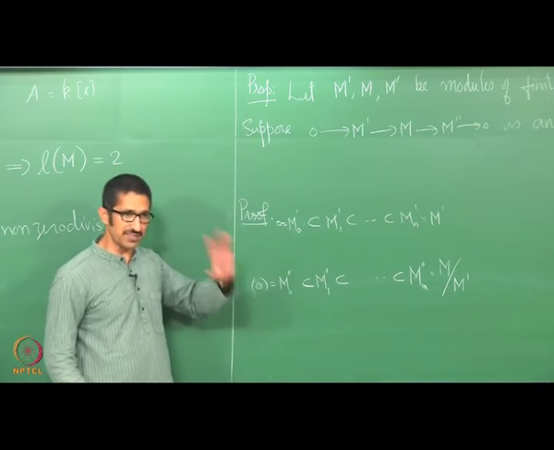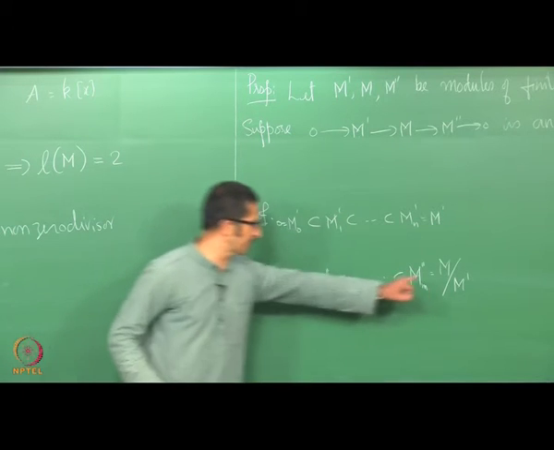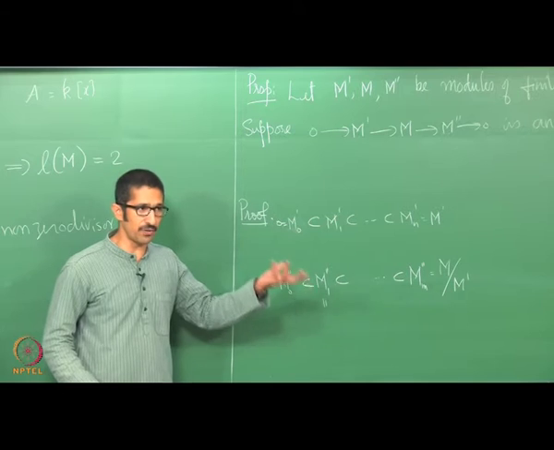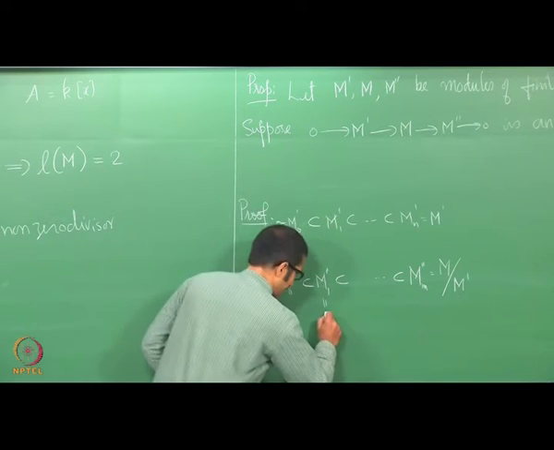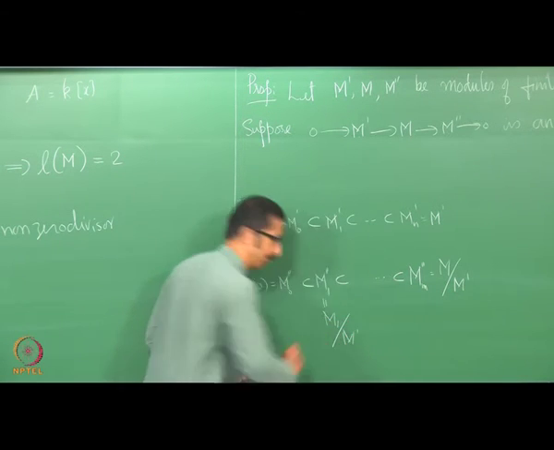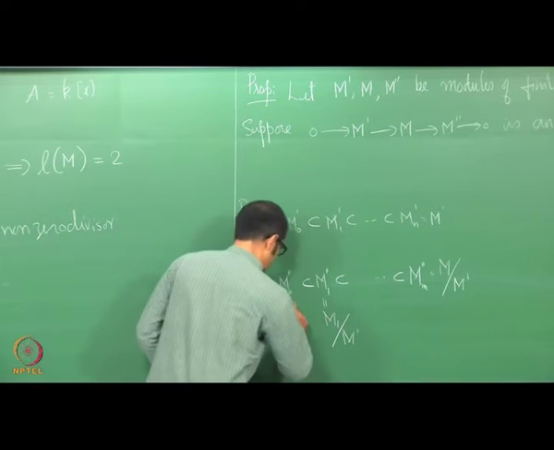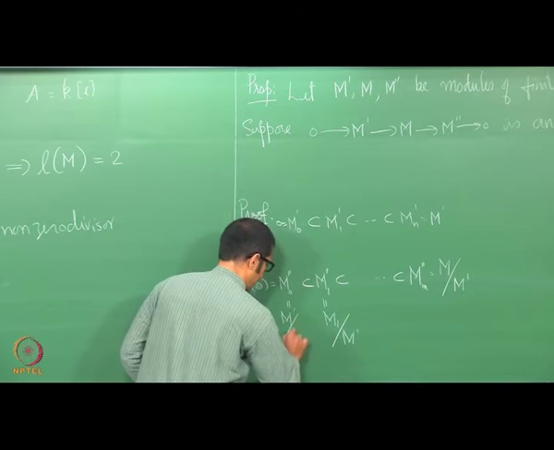No, forget about composition series. How will this look like? This will be a submodule of M mod M prime. How does any submodule of M mod M prime look like? It will look like something of the form M1 mod M prime. So this is M prime mod M prime.